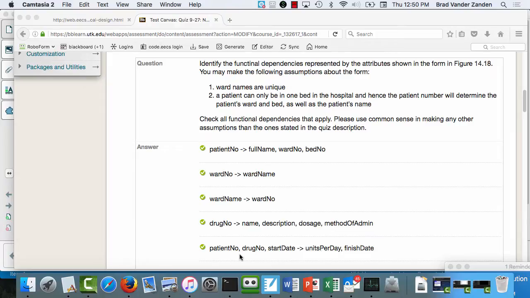So the patient number and the drug number and the day on which it started would determine essentially the prescription, how many units and what it ran to. And you might have a separate prescription for the patient for another week. So week 1, you might give them 50 milliliters of morphine, and then in week 2, you might only give them 30. So you could have 2 prescriptions for the same patient, but with different amounts of morphine, because you might be stepping it down as they get better.